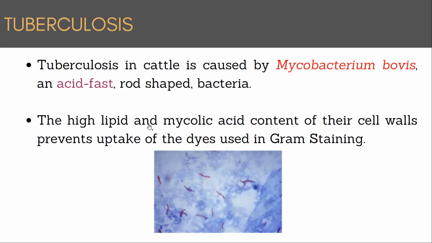So due to their high lipid and mycolic acid content of their cell walls, hindi possible ang gram staining sa mga Mycobacterium bacteria. So acid-fast staining ang ginagawa naman natin, which they will appear this color. If colorblind kayo, they appear dark magenta in the microscope.